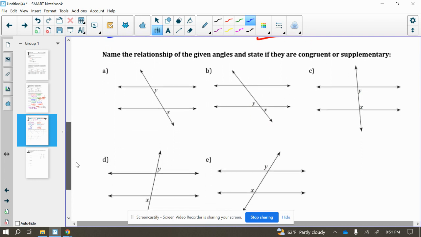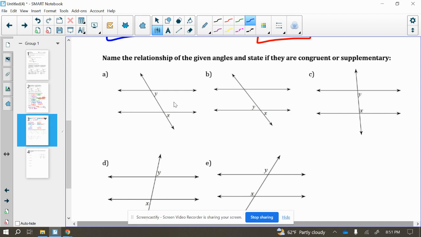Assuming that these are parallel lines, we want to name the relationship, and then say if they are congruent or supplementary. If we look at number 1, x and y compared to each other, they are corresponding. We know from up above, if these lines are parallel, our corresponding angles will be congruent.